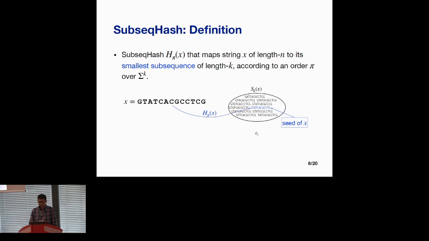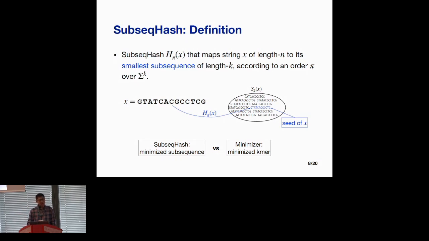To visualize, this is again the set of all the subsequences of length k of x, and each pi of x will map x to the smallest one. This smallest subsequence is also called the seed of x, defined by subseq hash. You may find this definition similar to minimizer. Actually, they are. A minimizer picks the smallest substring, the smallest k-mer in the window, and subseq hash picks the smallest subsequence. That's the difference between them.